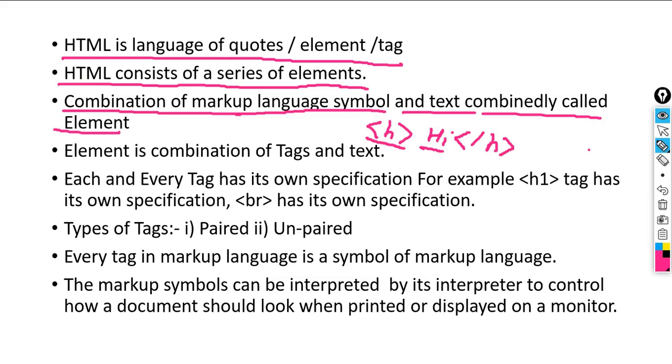So a digital document consists of two things: normal text and markup text. This complete text with markup language symbols is combinedly called an HTML element. So HTML is a series of elements.